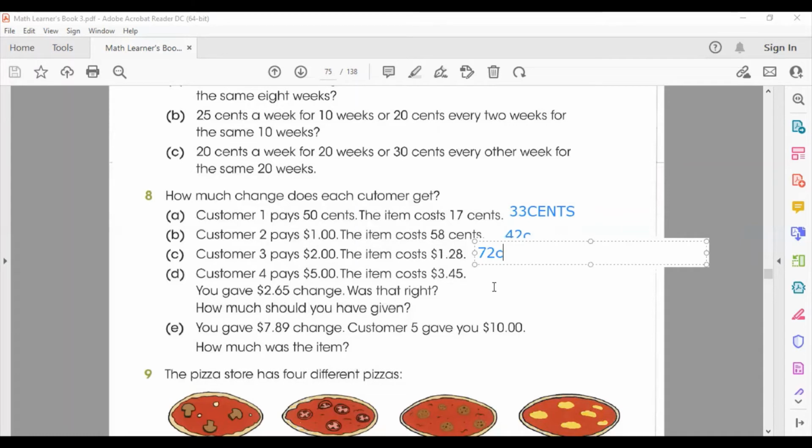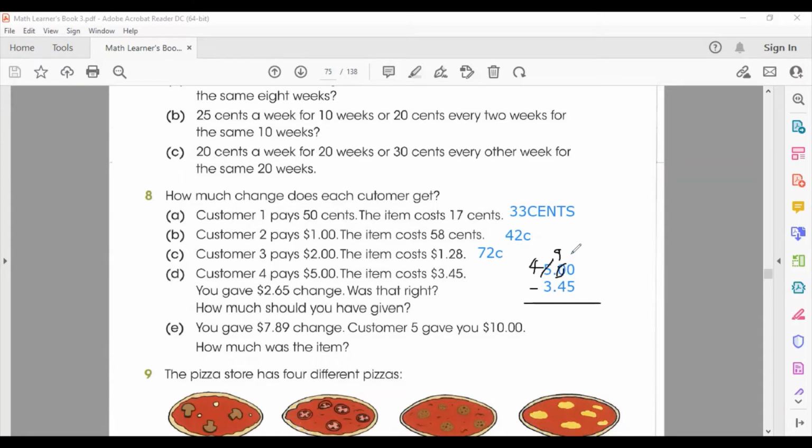So $5 minus $3.45. We need to minus it, so we can find the exact answer. We take 1 from here, it's 4, and here 9. Why? Because we cannot carry 1 from the 0. So we first make it 10 and then change it to 0.